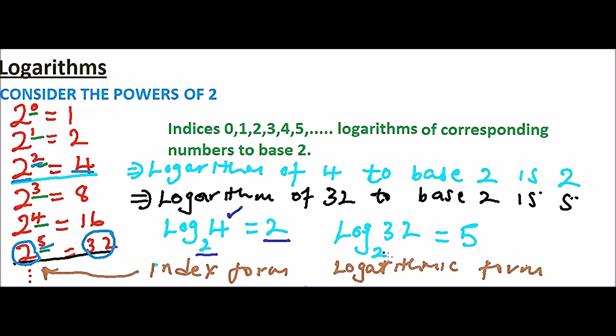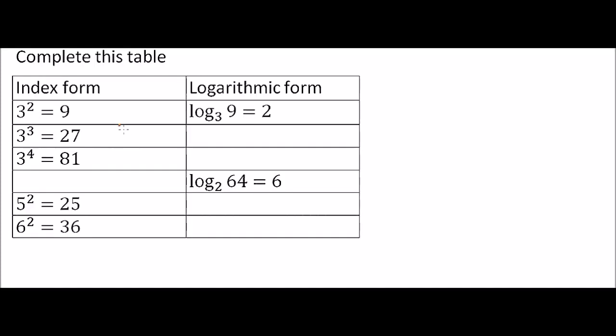Also, 2 to power 5 is equal to 32. So we can convert from the logarithmic form to index form, and that is what we are going to do. So we are going to use the information on the table shown here to convert from index form to logarithmic form and from logarithmic form to index form.